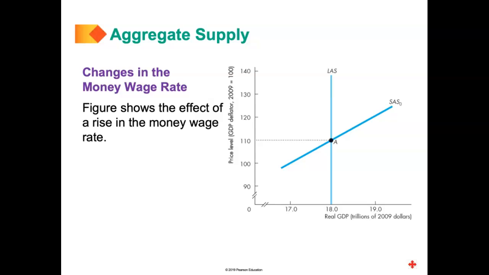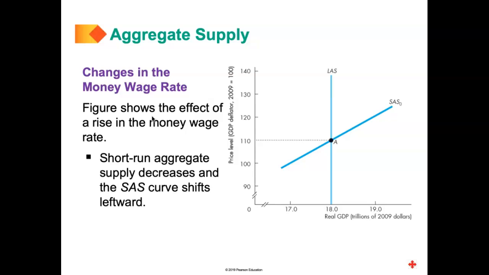So when there's an increase in the money wage rate, the short run aggregate supply curve will decrease because supply decreases, and it will shift to the left.